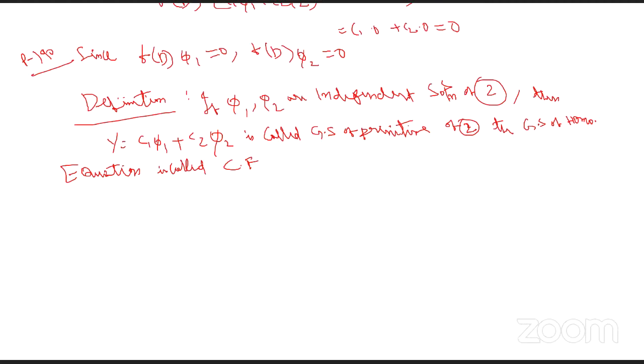Case 2 is auxiliary equation 3 has two roots equal and real, or repeated. Next, case number 3, auxiliary equation 3 has imaginary, complex roots. What we will write: c1 e power (alpha plus i beta) x plus c2 e power (alpha minus i beta) x.